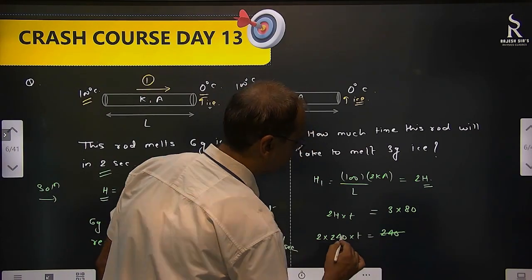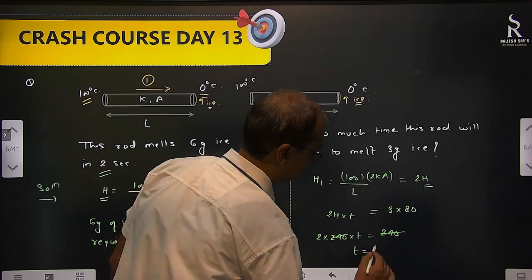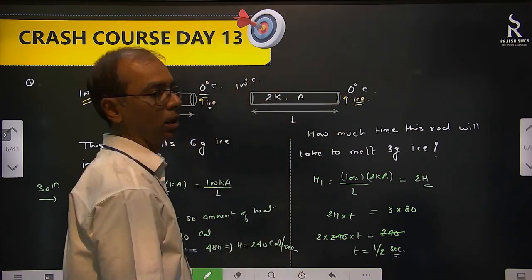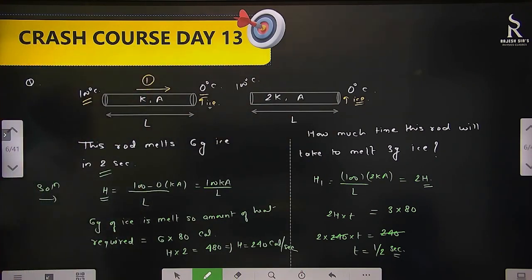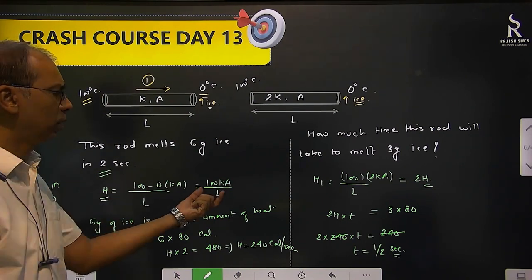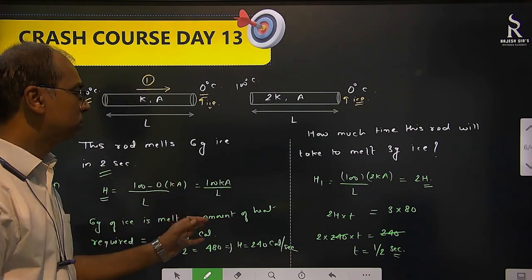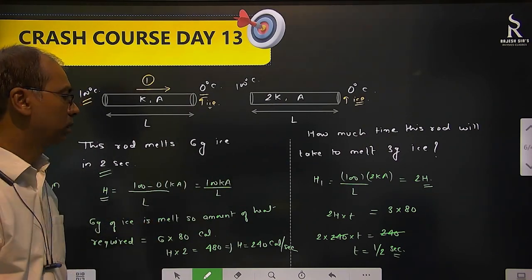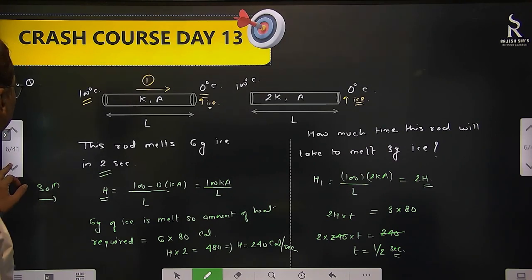So 240 gets cancelled, T is just half a second. In half a second, it will melt 3 gram of ice. Simple question, we just used this formula, and it is used in melting the ice. Similar question, one more we'll see.